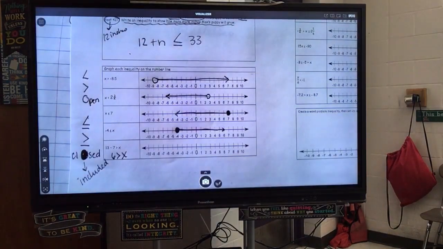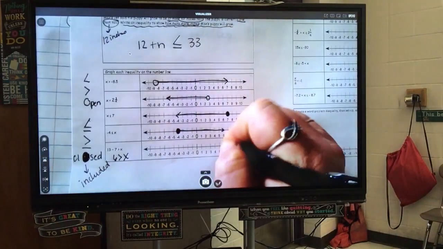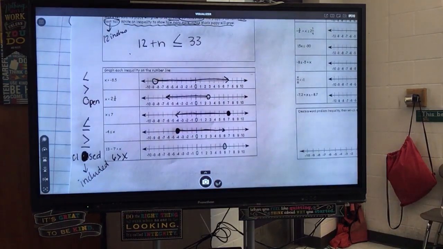Joseph, am I going to include 6 or no? No, because it doesn't make the statement true. Right. Which direction am I drawing my arrow? Going left.